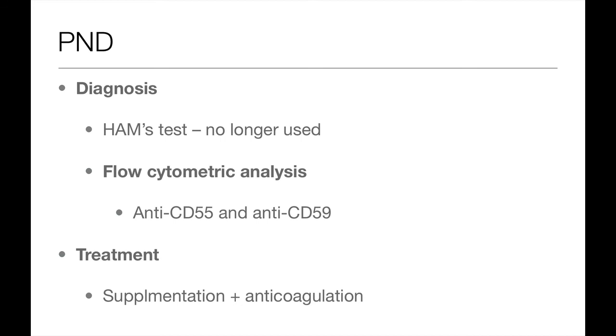Treatment is mainly through supplementation, such as folate supplementation, anticoagulation to deal with the increased risk of thrombosis, and there are some newer monoclonal antibodies such as eculizumab, which act against C5, which is one of the complement components, to reduce the complement-mediated hemolysis that occurs in this condition.